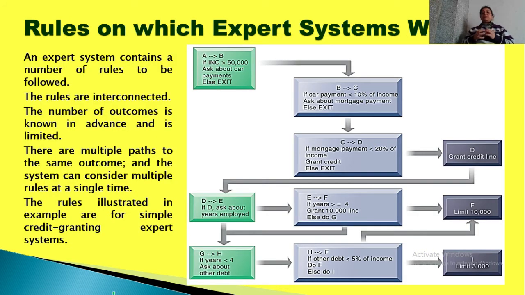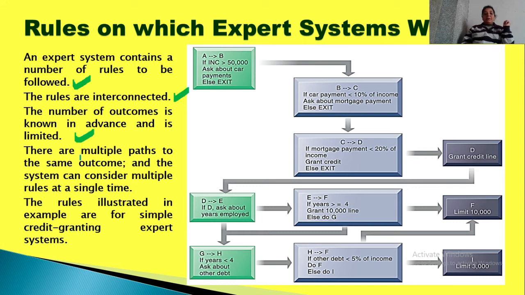Now the rules on which the expert systems actually work. Here is an example on the screen where we are talking about the set of rules generated for a banking credit system. Number one, an expert system has a set of rules which are to be followed. All the rules are interconnected. The number of outcomes is known in advance, but they are limited because we want high performance rules to be set in the beginning.